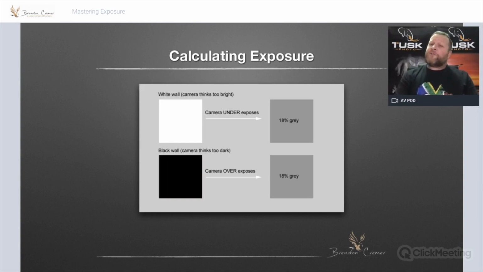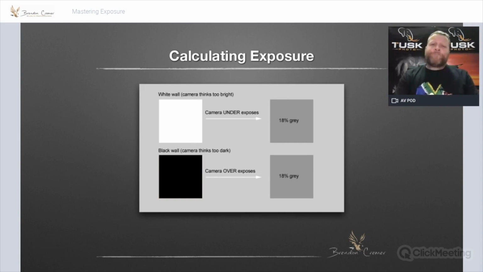We feel that it's too bright, and we are programmed to try and get this sort of exposure, and it's going to make that wall slightly darker. The same way as it would do with a black wall. If you photograph a very dark wall or very black wall, it's going to make that wall a sort of grayish color, or not necessarily make it from black to gray, but it's going to make it lighter than what it actually is.